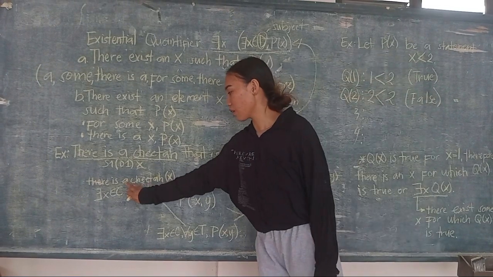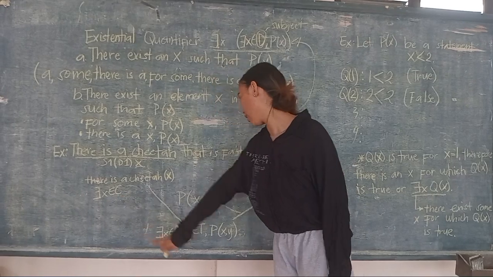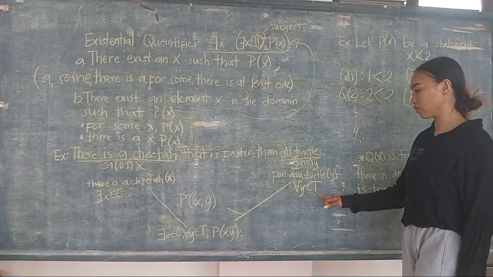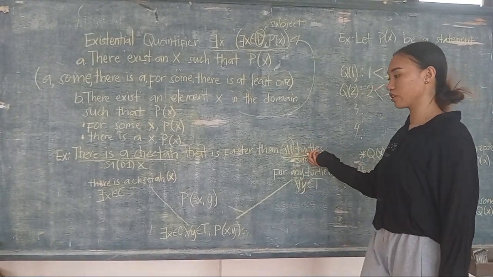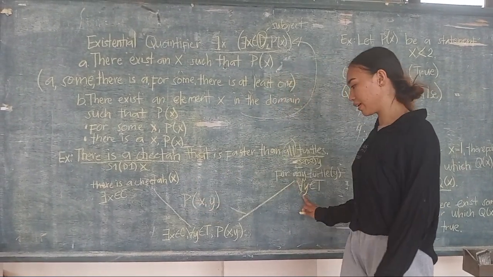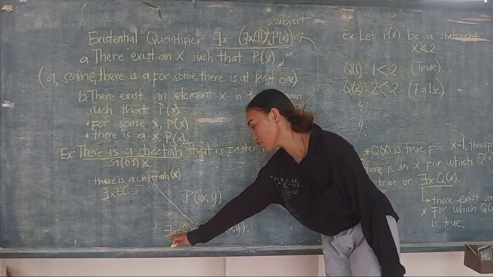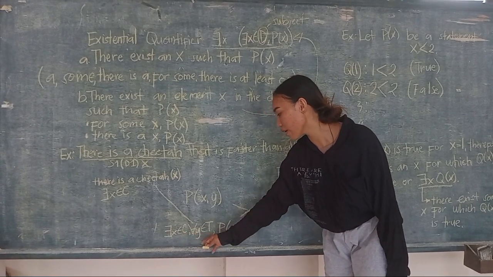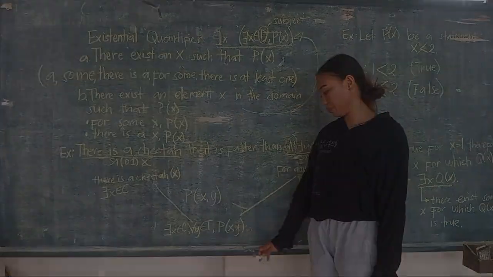For there is a cheetah, we use the symbol of existential x element of cheetah, and for any turtles it is universal y element of turtles. We use universal because the sentence refers to all turtles. And this one is the P(x, y). In summary, the answer is: there exists x element of cheetah and for all y element of turtles, P(x, y).